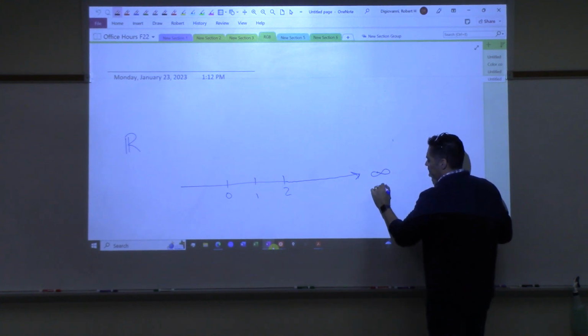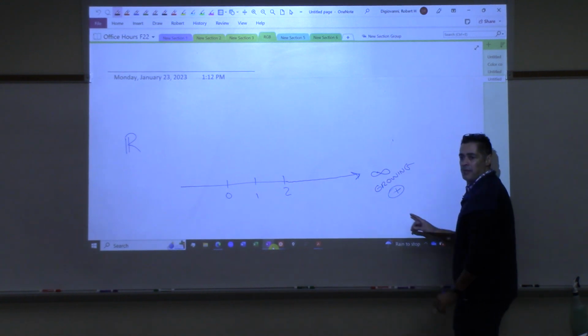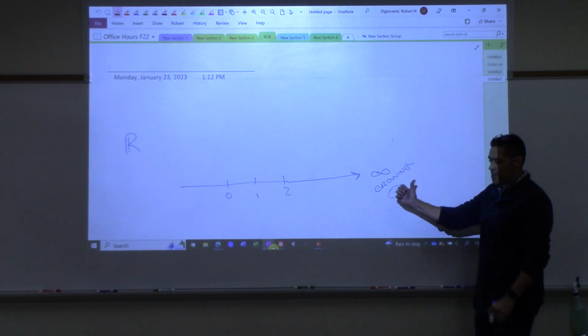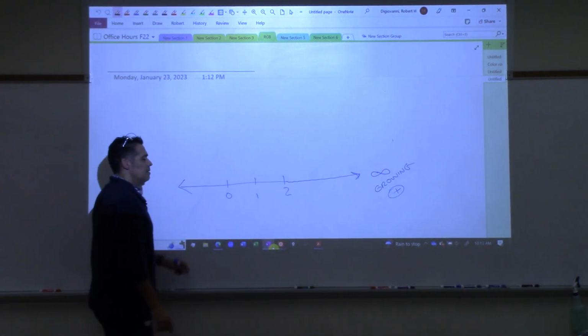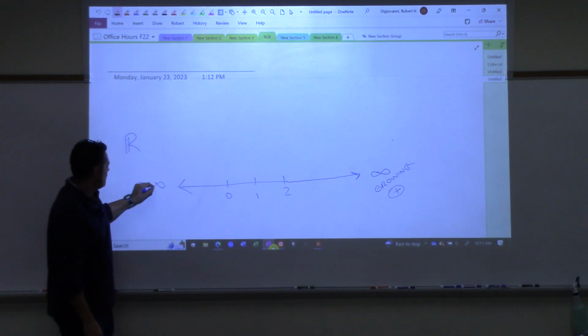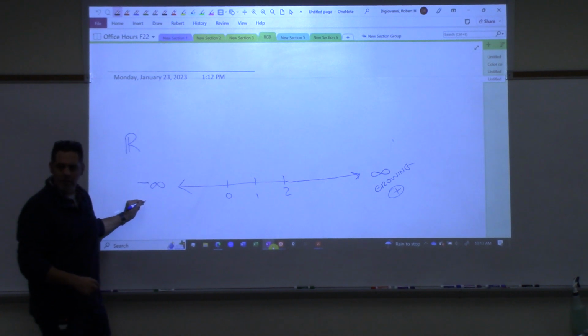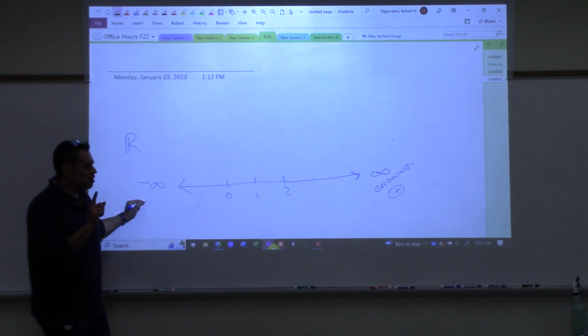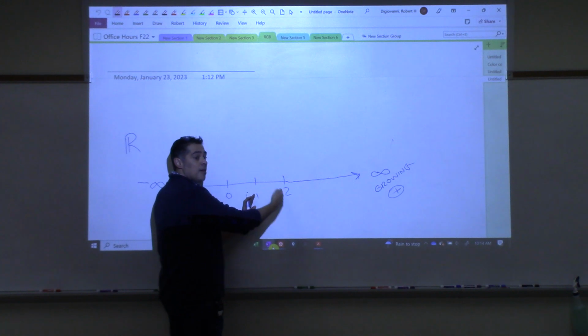So growing, positive, right? Big, big positive numbers this way. Now, this way is negative infinity, and that's a very, very big negative number. So we have to get some language in order, because when you're learning about numbers on the number line, we always say that numbers to the right are bigger than numbers to the left.